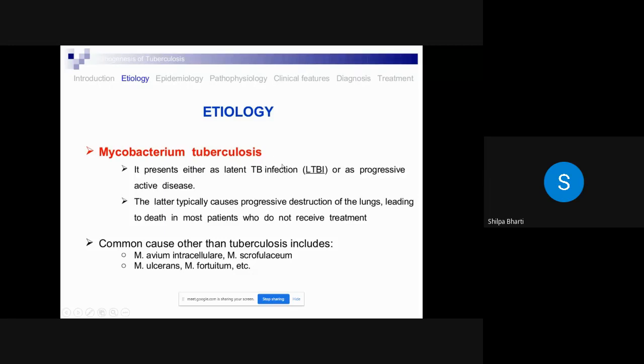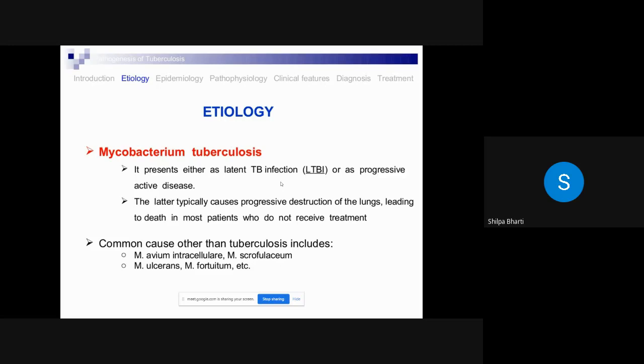If a person has only been infected by the bacteria, but the bacteria has not divided in the lungs because of our strong immune system, our immune system does not allow that bacteria to divide actively in our lungs, then the disease will not progress to the active disease, and the person will not be a carrier of that disease, meaning they are not capable of transmitting it from one person to another.